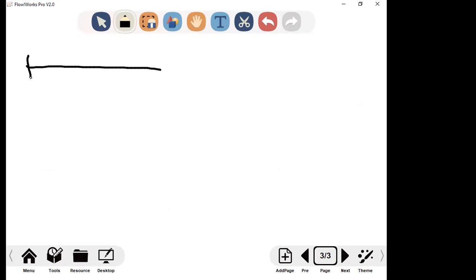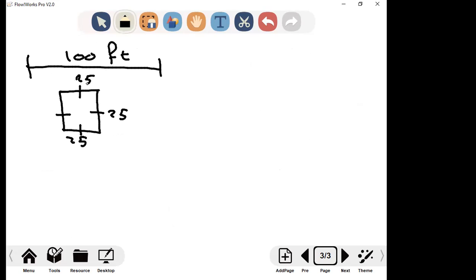I have what here? The fencing. If I make it square, the square has 4 equal sides. I want the 100 to be 4 equal sides, right? So 25, 25, 25.